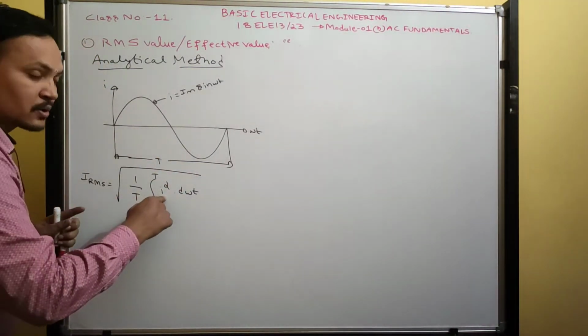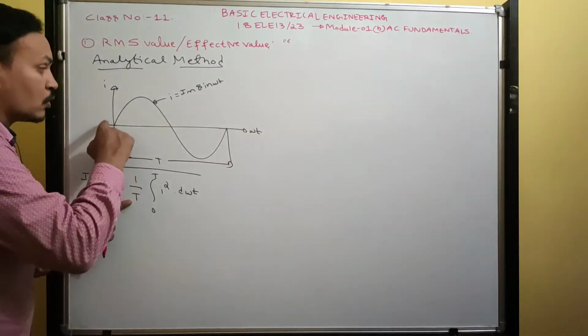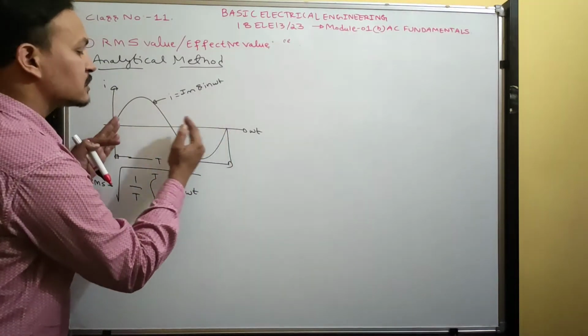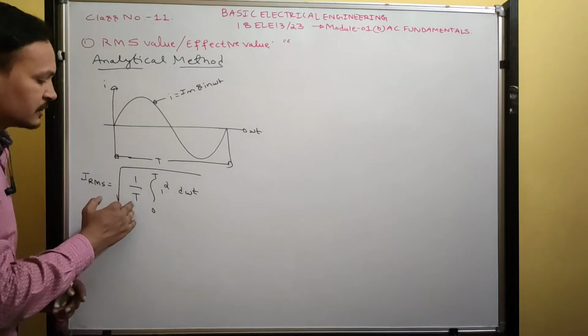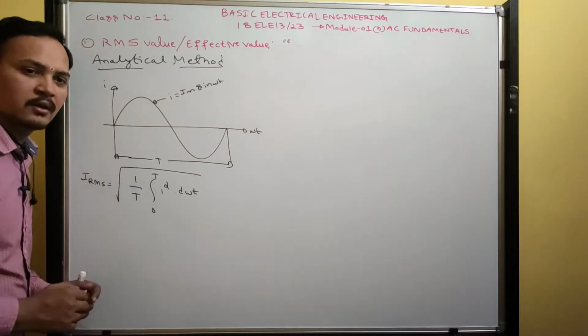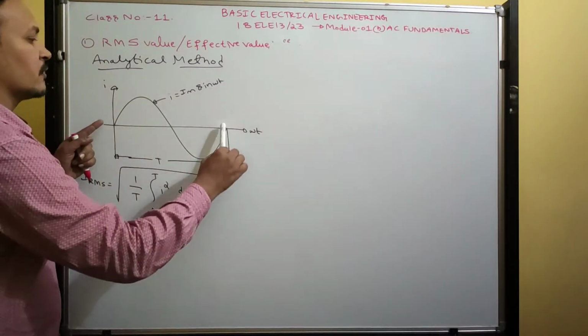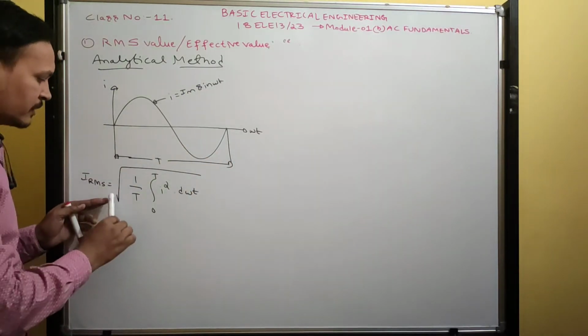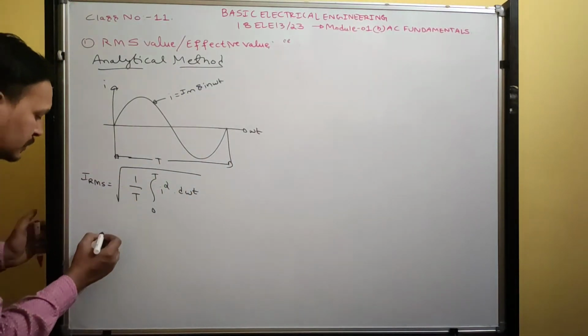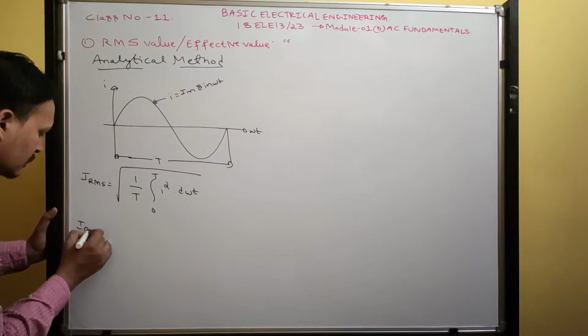Mean square. What does this T indicate? Over one cycle, how many instants are there? All the instants are considered in this range. So we consider any number of instants over one cycle, then we take the root of that. Let's see, we can derive this.